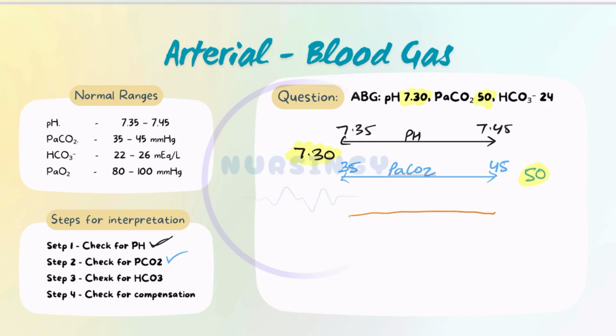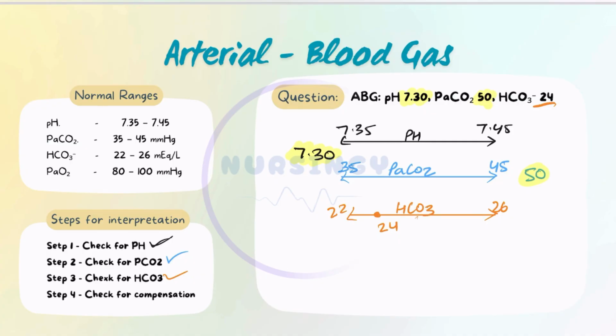If we check the third value, that is our HCO3, that will give us whether it is compensated or not compensated. So check for HCO3. 22 to 26 is normal for HCO3, and the patient is coming with 24. So that is falling somewhere in the middle, the center. So that is normal.